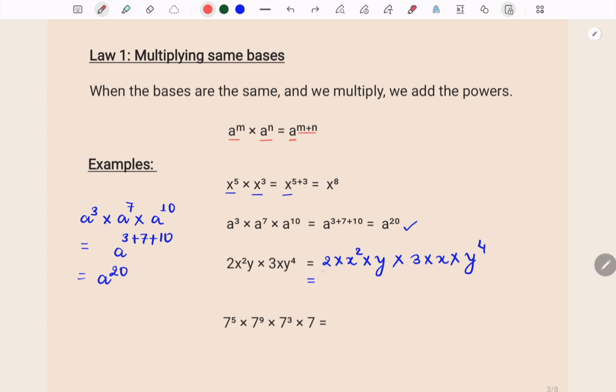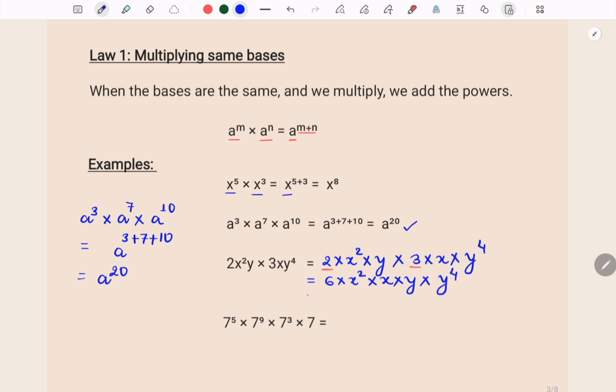So the numbers here are 2 and 3. 2 multiplied by 3 gives 6. And then I have x squared and I have a x here. Then I have y and then I have y raised to the power 4.